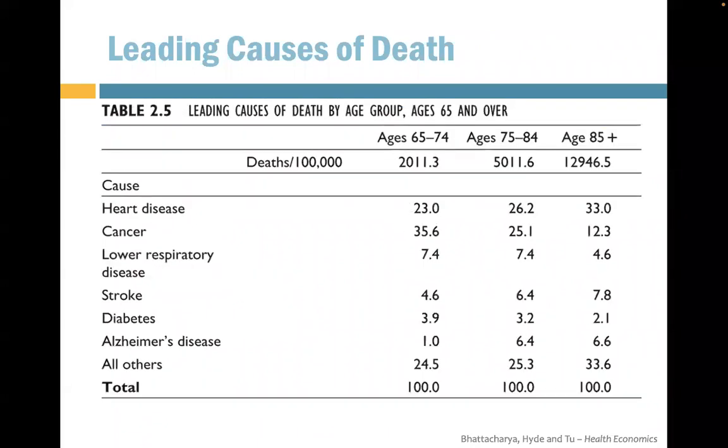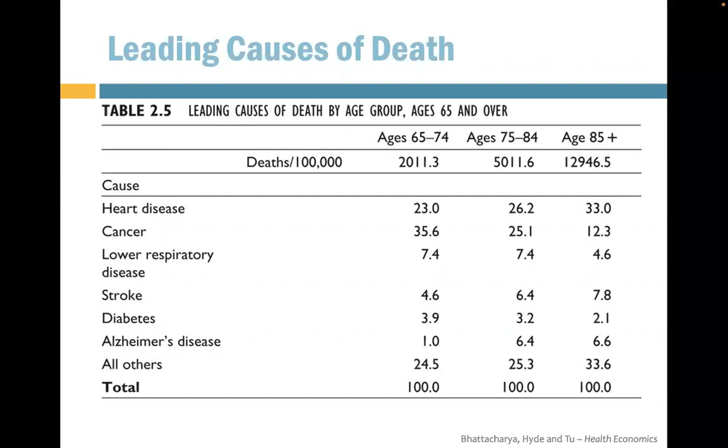But if we look at leading cause of death for ages 65 and over, this graph is relatively the same as the total graph that we've seen, because the majority of death comes from this age group.